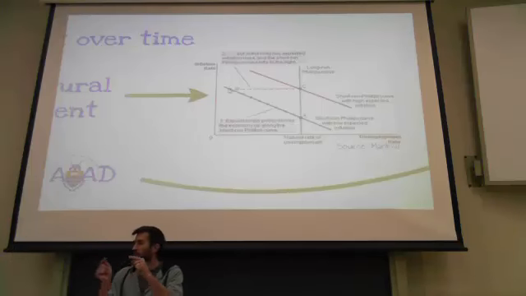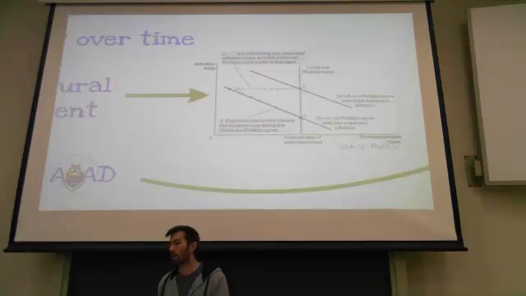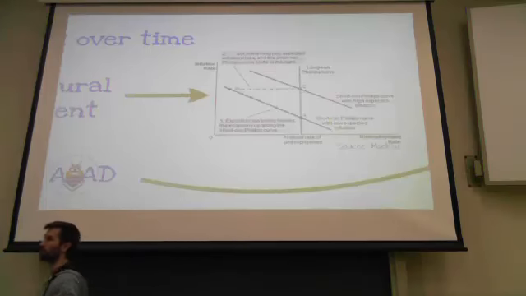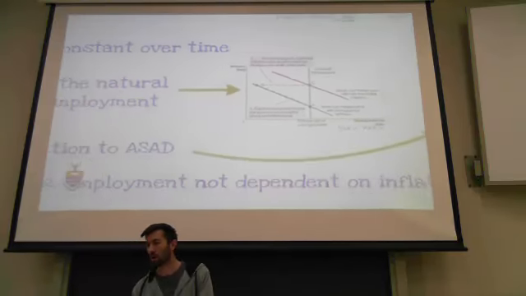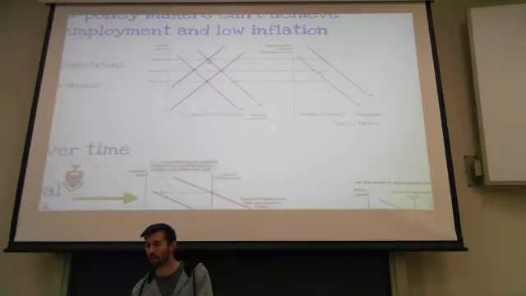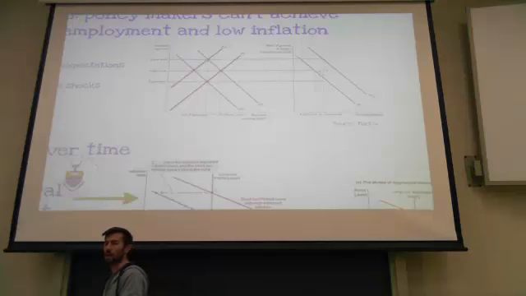Our short run aggregate supply curve shifts and our Phillips curve shifts, and it brings us to a new point in our Phillips curve diagram, point C. Point C would correspond to that imaginary point D in the ASAD model.